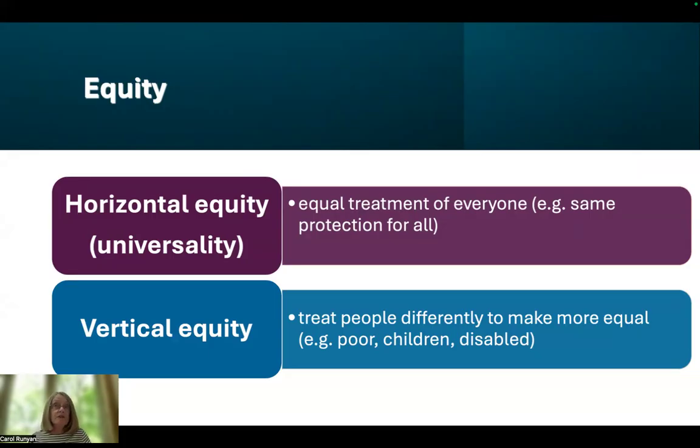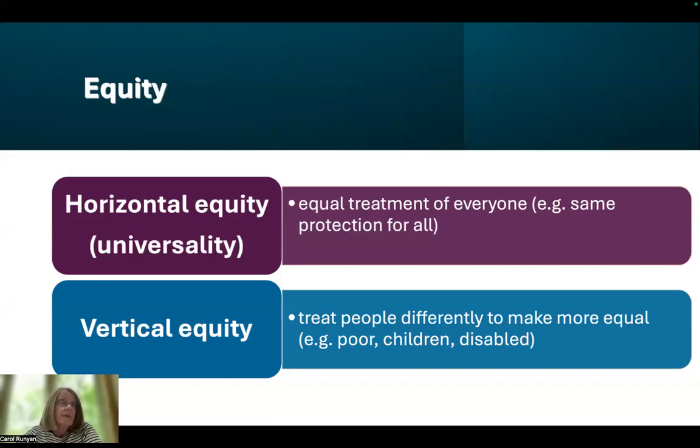We might make special provisions for children where they're not able to make their own decisions, or for people with disabilities who may need extra help and can't operate fully independently. A lot of things we would argue we want horizontal equity, where everyone is protected the same, where we have fire safety protections in every building, or we have safe roads that everyone drives on.